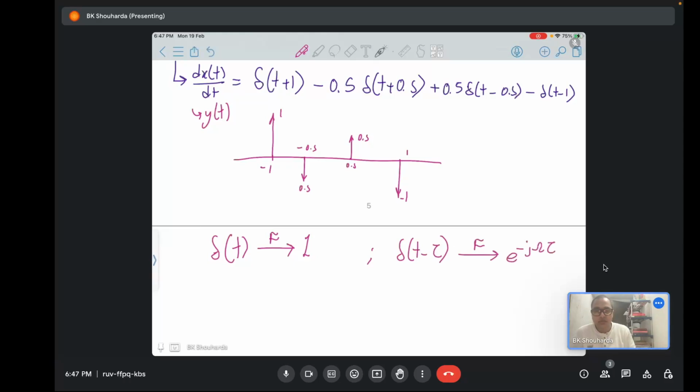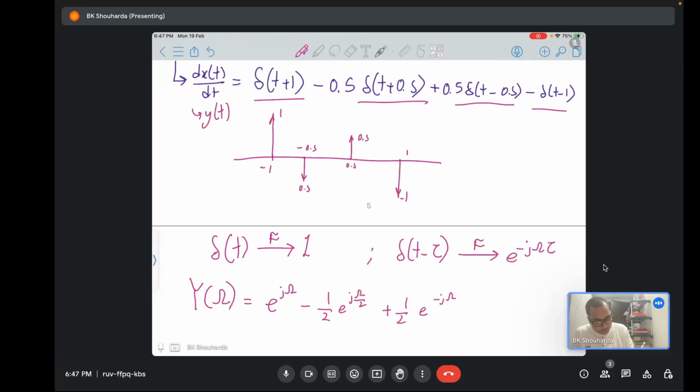As simple as it could be. So if I look at y of t term by term, I can easily find the Fourier transform. So what can I write about Y of omega? Y of omega is e to the power j omega minus half e to the power j omega upon 2 plus half e to the power minus j omega upon 2 minus e to the power minus j omega.